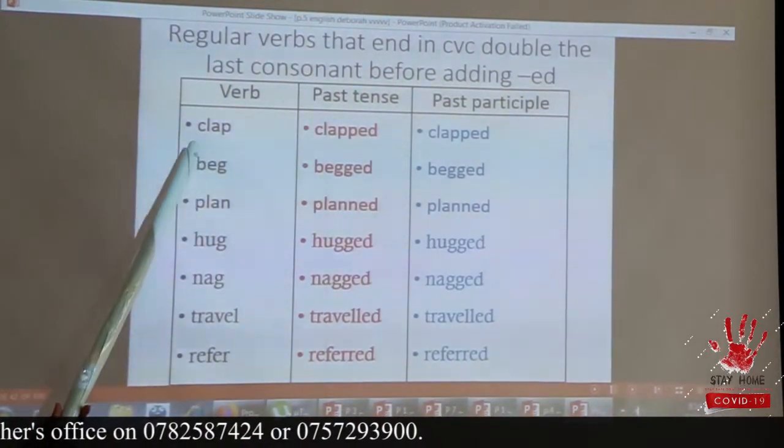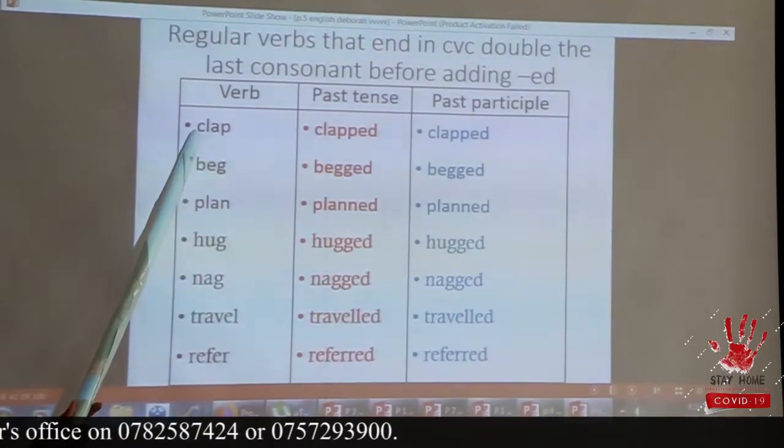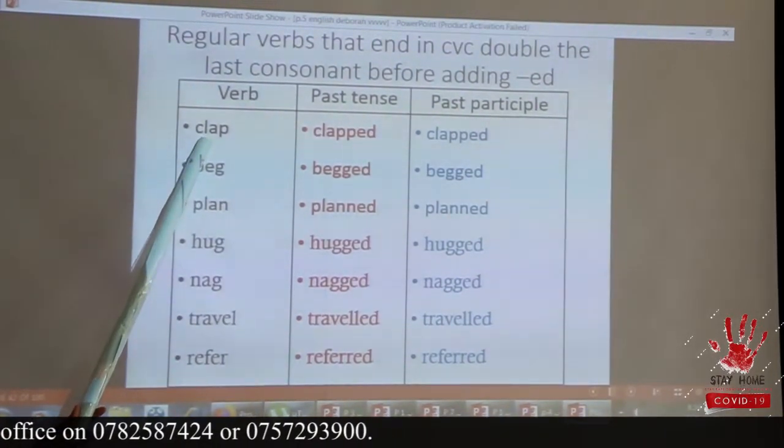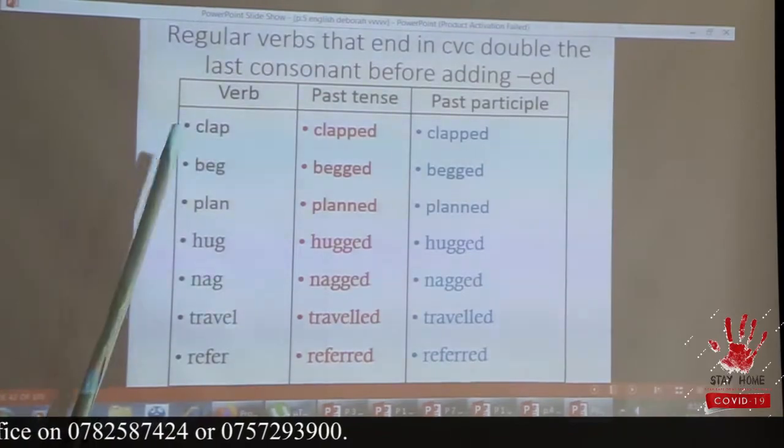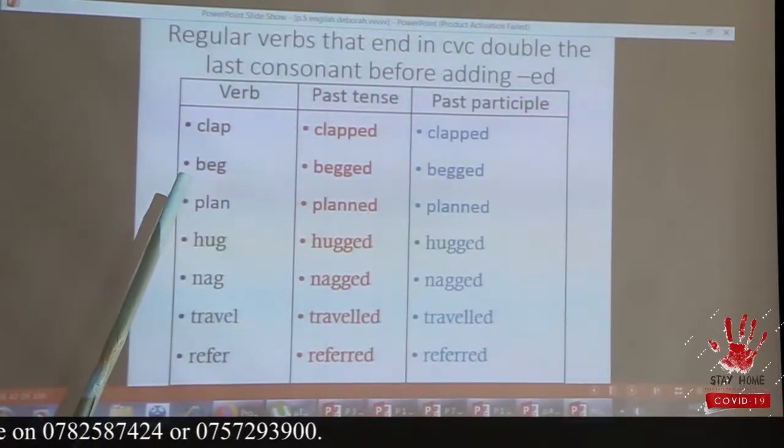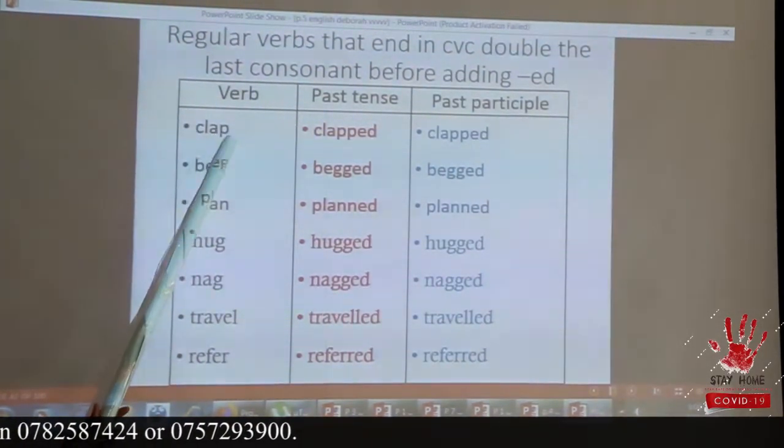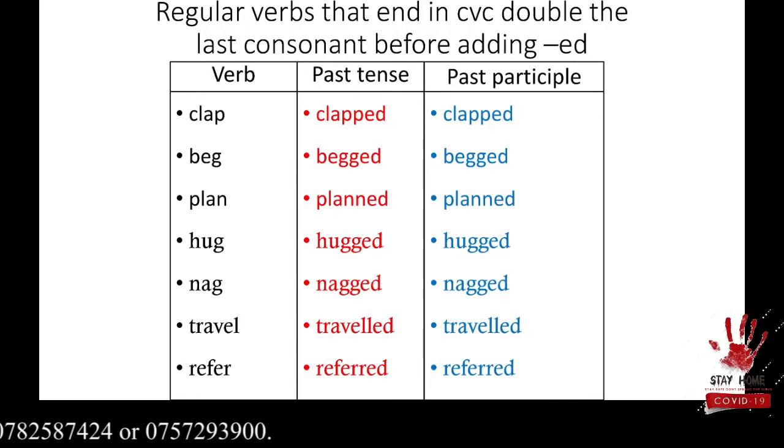When you write the word clap, it is consonant, consonant, vowel, consonant. So the last three letters are consonant, vowel, consonant. But we said that the word clap is weak. So to make it stronger, we double, so clap becomes clapped, clapped.